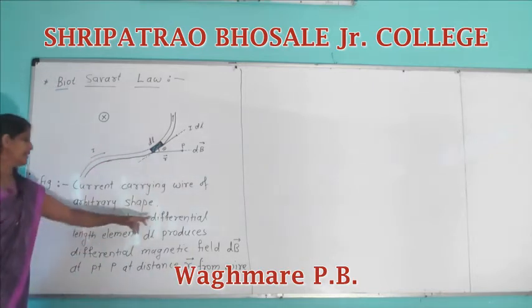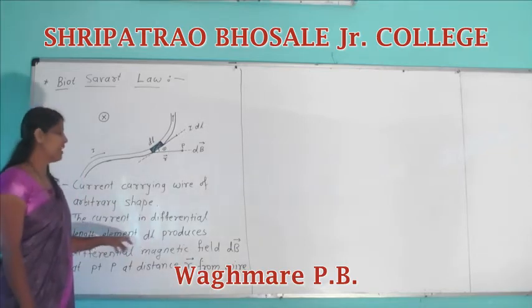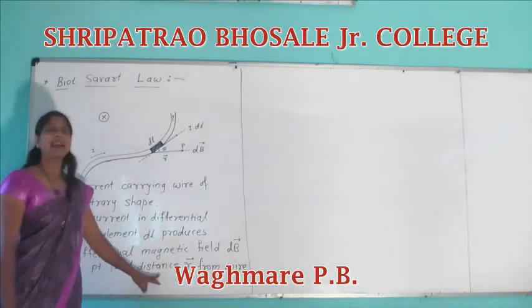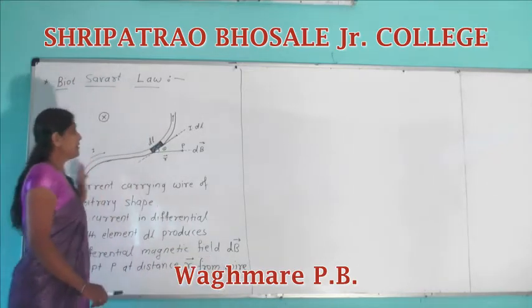Therefore, the current in differential length element dl produces differential magnetic field dB at point P at a distance r from the wire.